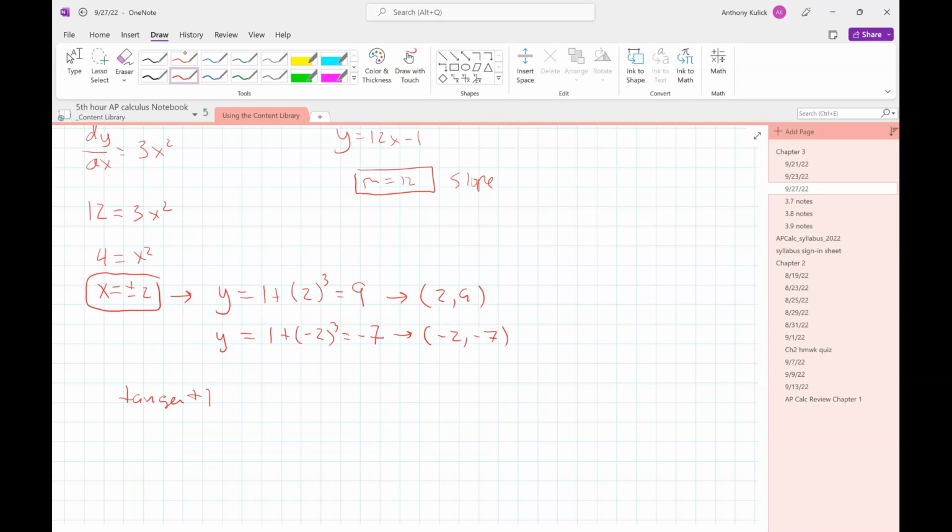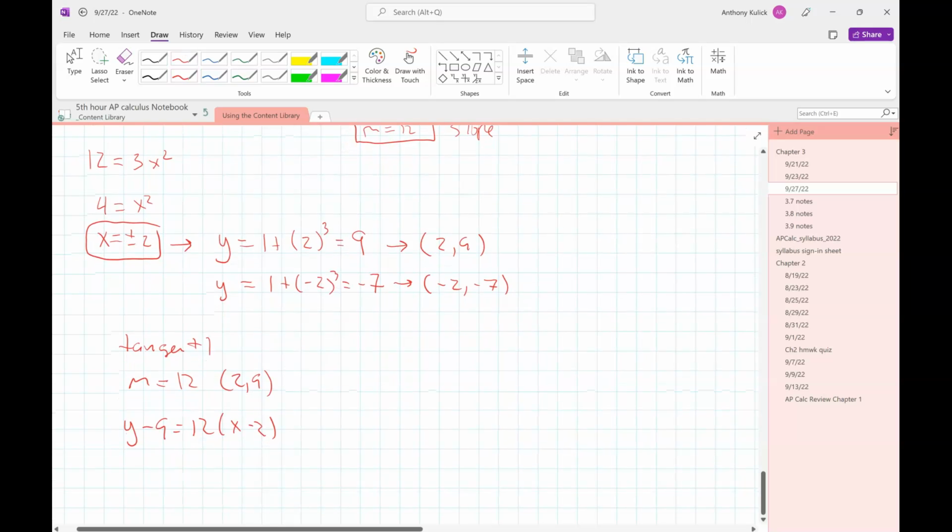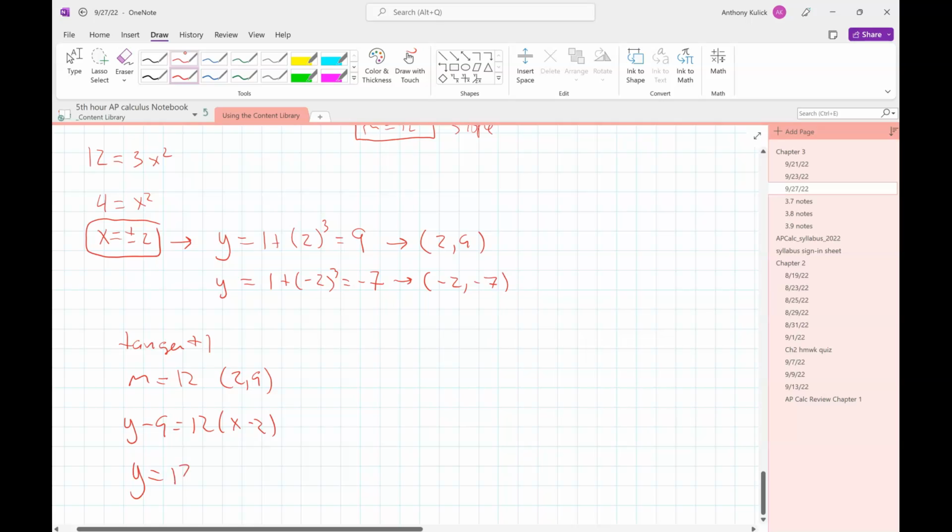So my first tangent line, my slope is 12, and I'm going to pass through the point 2,9. So that's going to be -24 plus 9, which is -15.